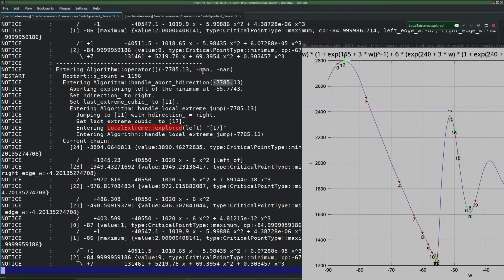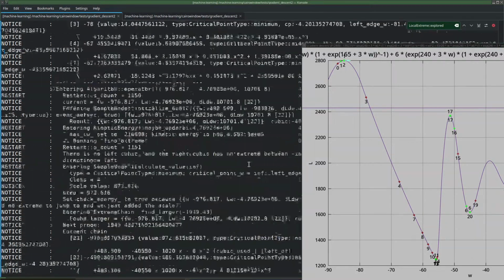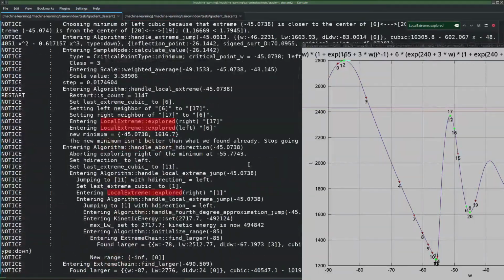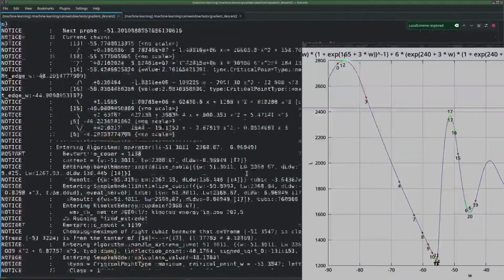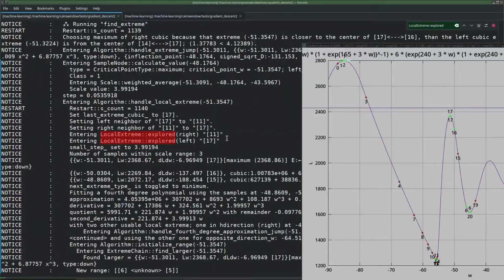And then we gave up because we got not a number, and then we jumped back to the best minimum so far, that is here, and then we should have aborted immediately, because this one was explored to the left and to the right. Certain of it. 11. 11, no, there's 1. 11 to the right.